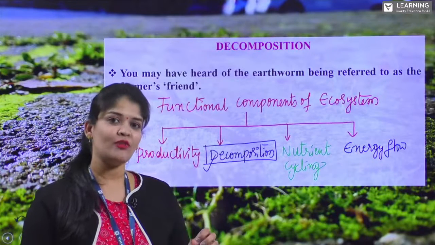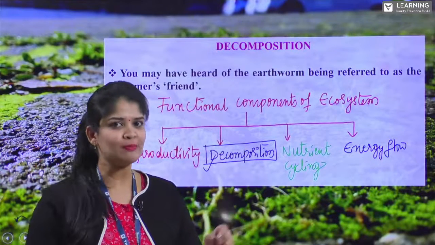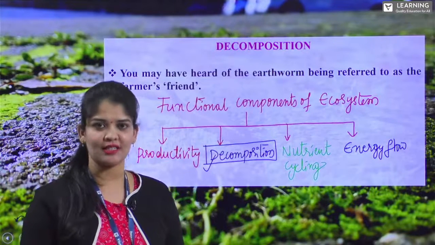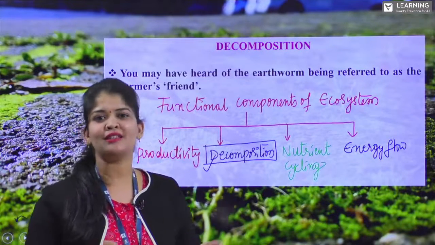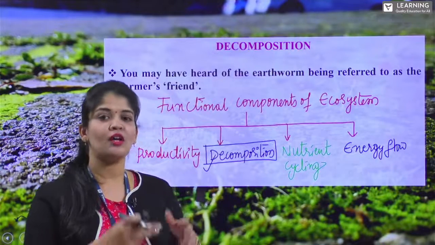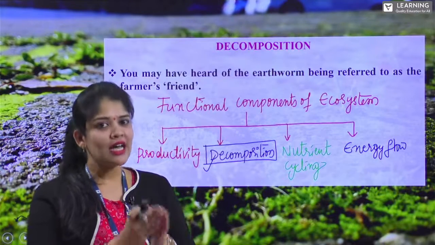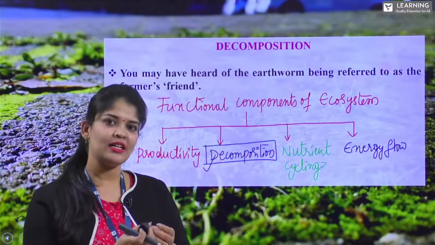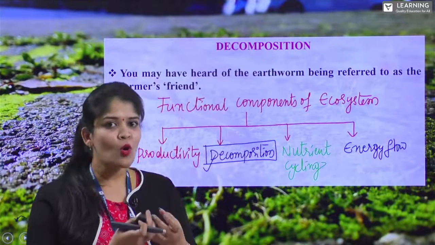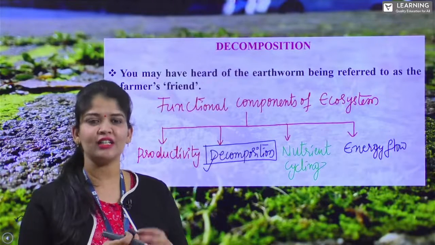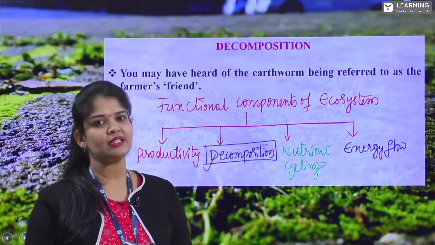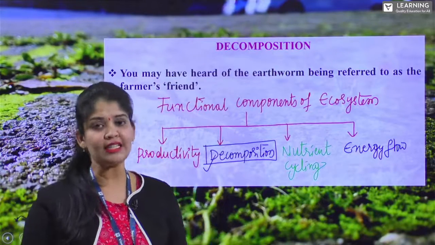So the presence of decomposers and decomposition is very important, so that we can clean the earth's surface and produce inorganic matter, such that the soil becomes more humus-rich, that means fertile for the growth of the producers, what we call plants. Let's discuss more about decomposition.